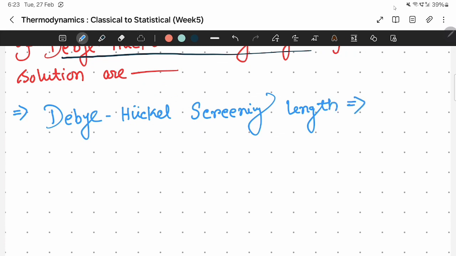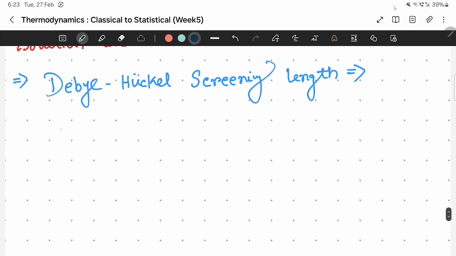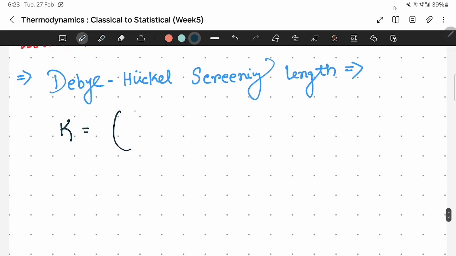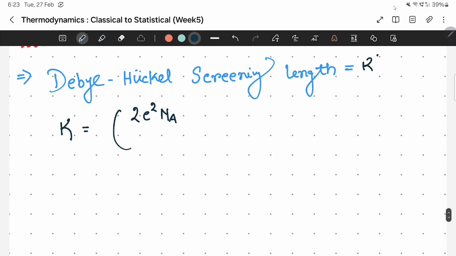So the Debye screening length is basically denoted by kappa inverse, and kappa is defined as (2 e square Na I divided by epsilon kBT) to the power half. This is kappa.